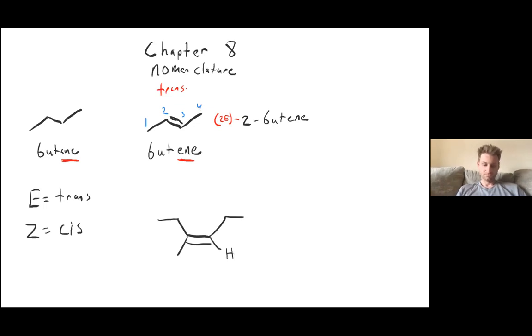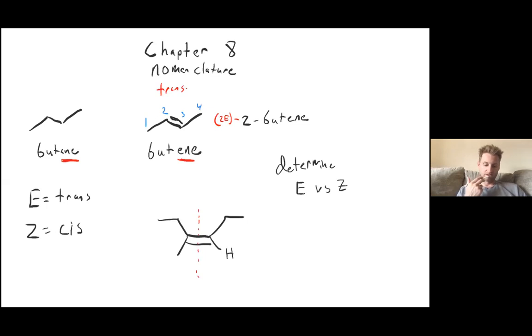this here. So for determining E versus Z, what we're going to do is we're going to break it in half down our double bond. And then we're going to use basically just our R and S priority naming.